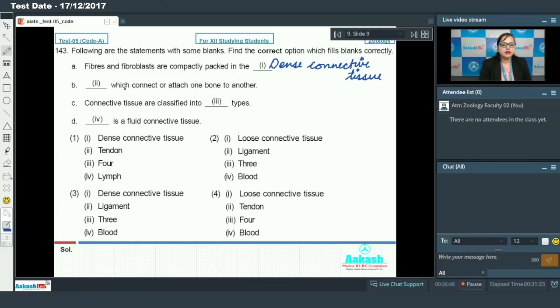Option B says blank which connect or attach one bone to another. And you know that the ligaments attach one bone to another.